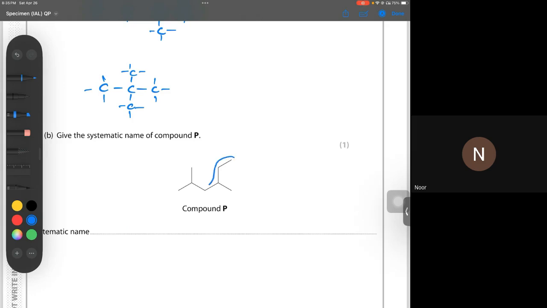This is the longest carbon chain, which has 1, 2, 3, 4, 5, 6 carbon atoms. And this is the branch. Then you are supposed to give a number to the branch. Where is the branch?